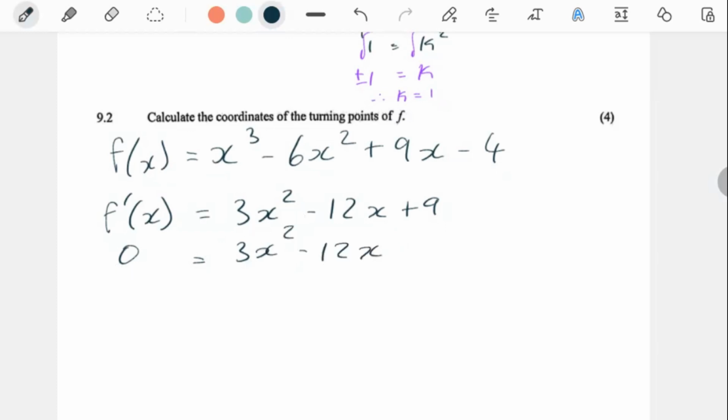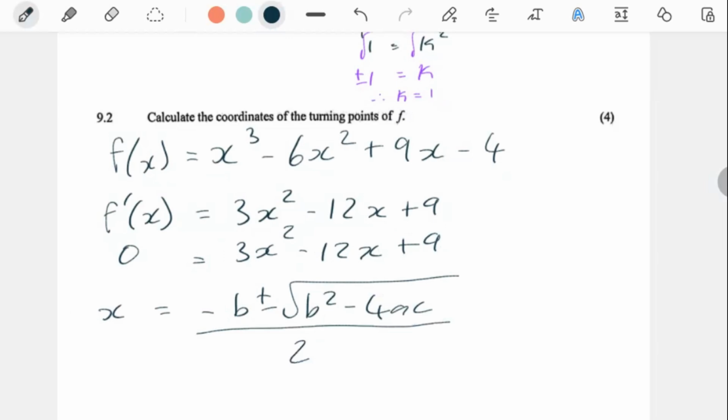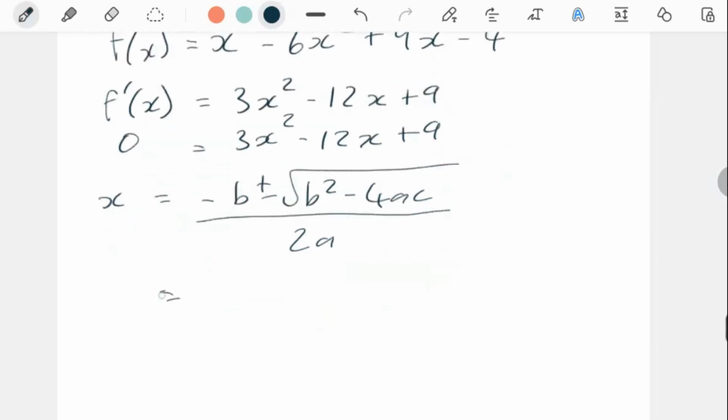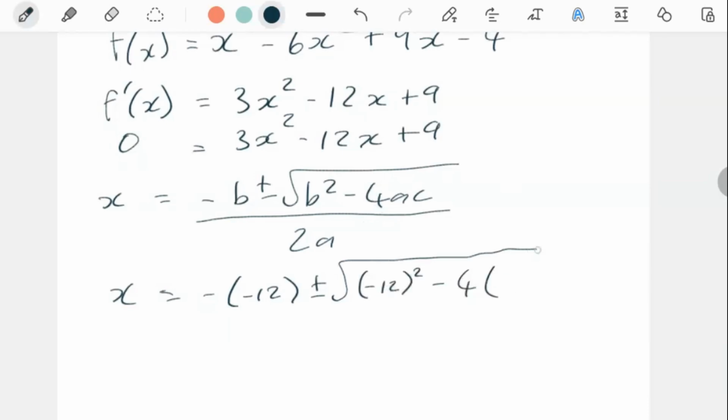The x values where the gradient is 0 are x values of the turning point. So with all this being done, all we're trying to do is to find the x values of the turning point, because once we find the x values of the turning point, we can throw those x values into the original equation, and then we can work out the y values of the turning point.